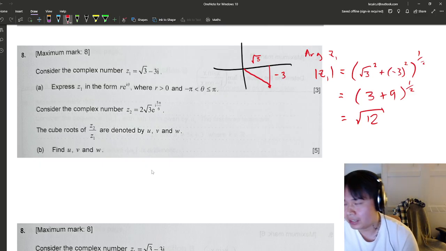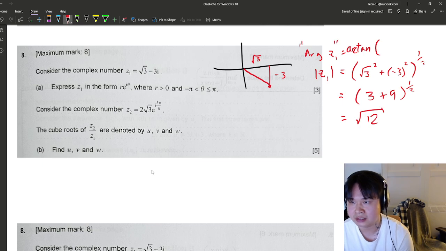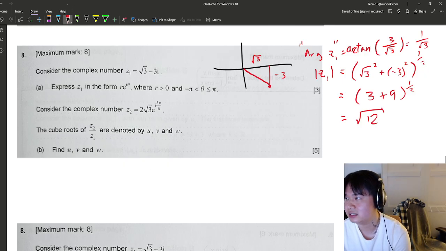And then argument, arctan. Not quite the argument. I'm just going to do arctan of root 3 over 3. That's 1 over root 3. Oh, this is kind of ugly.